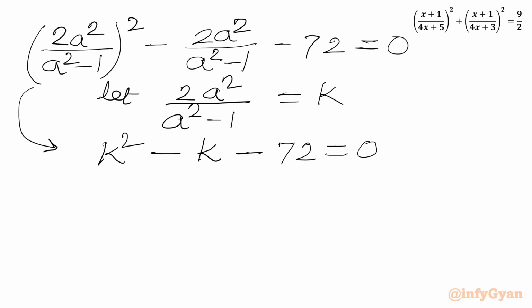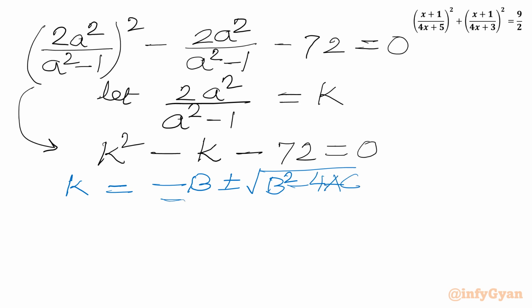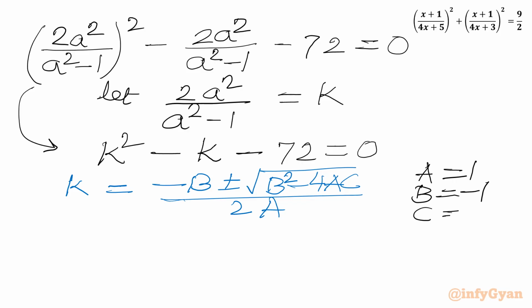Now we can use the quadratic formula. So k will be equal to −b ± square root of b² − 4ac over 2a. As per the given equation, capital A is the coefficient of k², which is 1, b is the coefficient of k, negative 1, and c is the constant, negative 72.